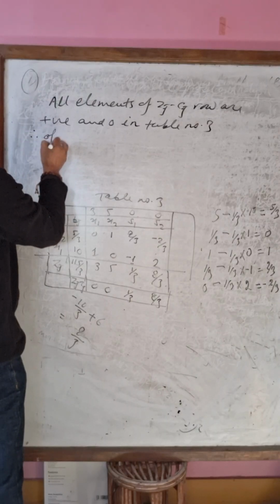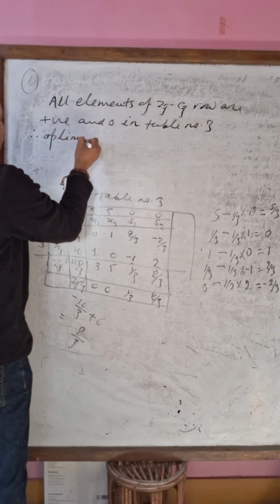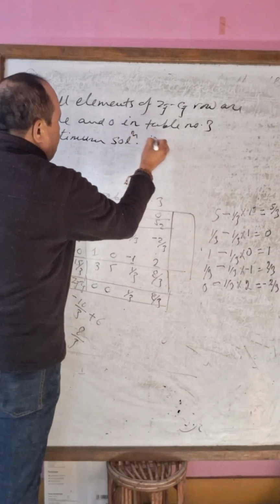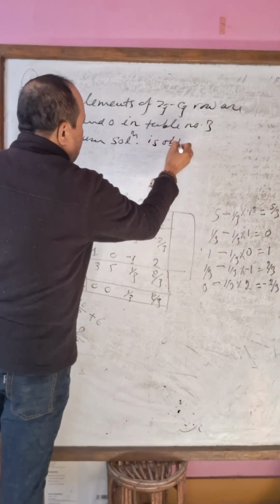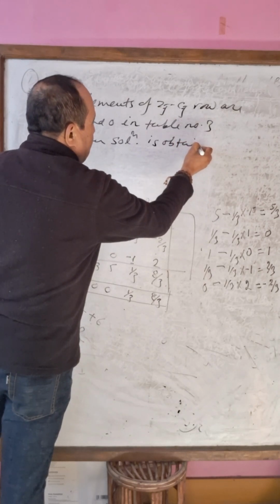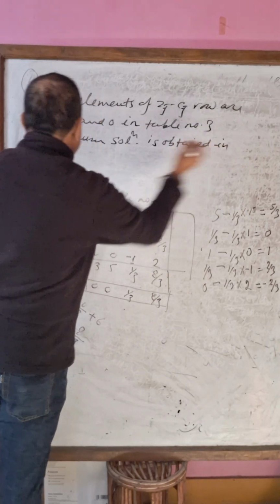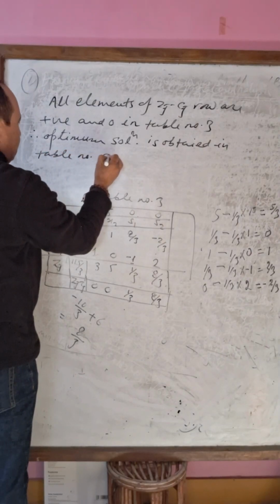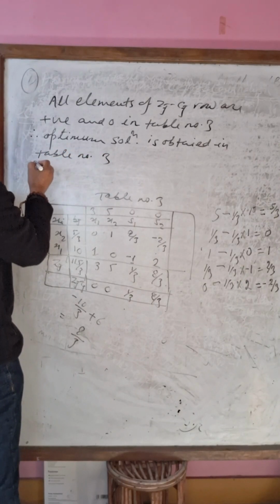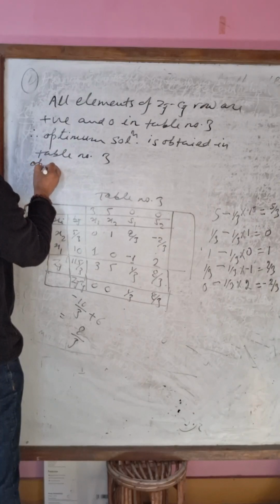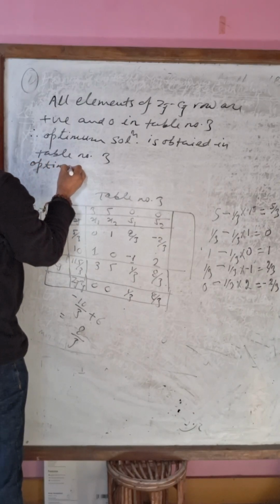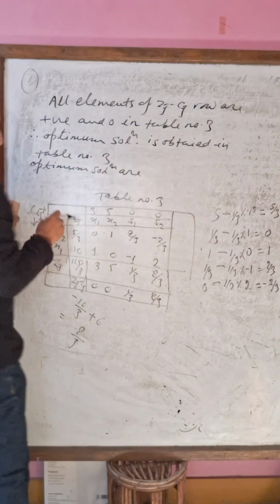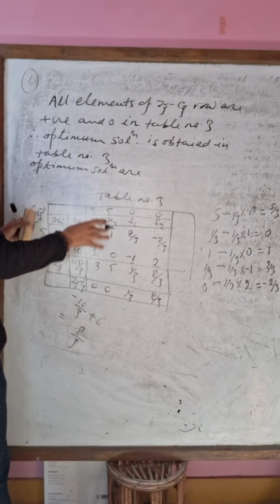Therefore, the optimum solution is obtained in table number 3. You write that. And the optimum solutions are, now from this table we can identify them.